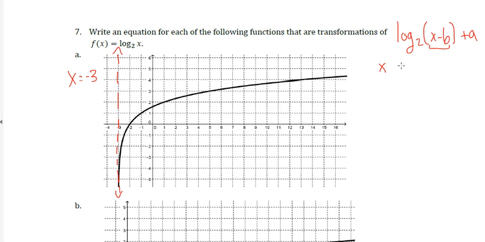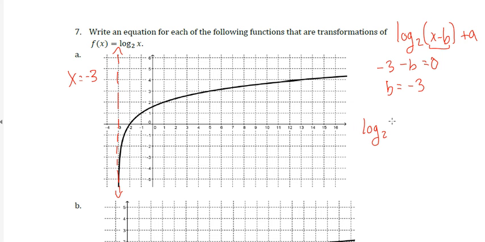So let's go ahead and solve. x minus b equals -3. Sorry, -3 minus b equals 0. We plugged in -3 for x. So that means that b equals -3.